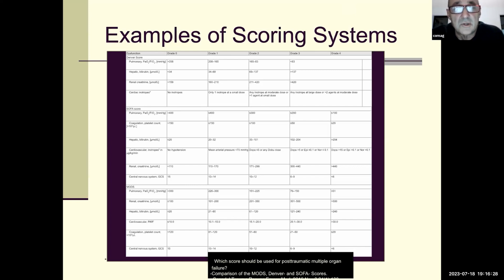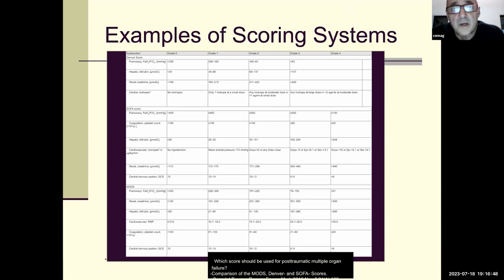The Denver score uses lungs, kidneys, heart, and liver. SOFA score uses lungs, bone marrow, liver, heart, kidneys, and CNS, and MODS the same.